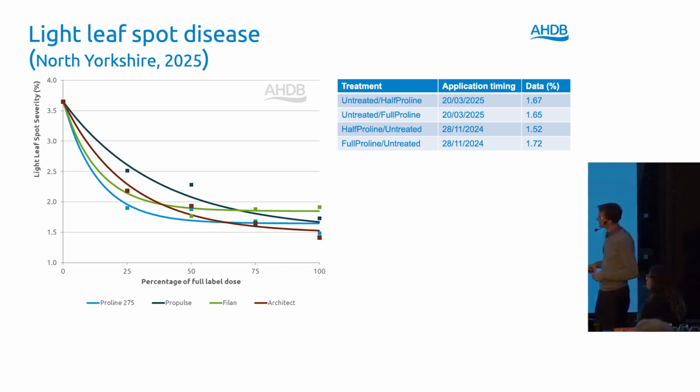And when you look at these charts, you might think, well, you're seeing a 50 to 60% reduction there from fungicides applied. But what you also have to consider with light leaf spot is that 50 to 60% reduction in severity is very much what you're seeing on the leaf surface. That's the reduction in the active sporulation that you're seeing. Light leaf spot as a disease has a lot of latent, non-visible effects on the plant. It has latent infection within the leaf tissue.